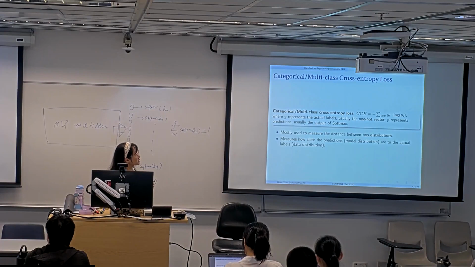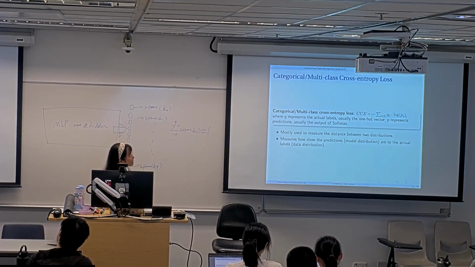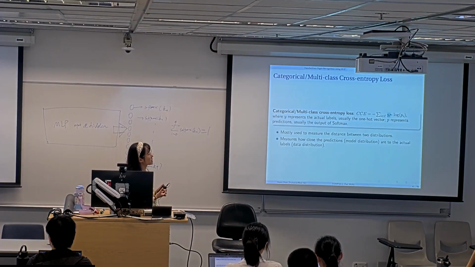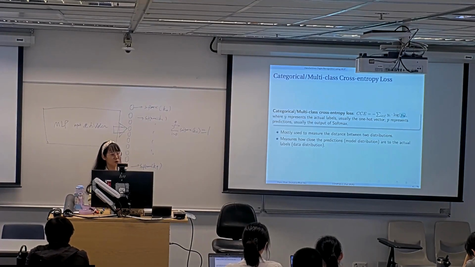The mathematical formula is that, so this CCE, this loss, is the negative of the sum of y_i times log p_i. So here this y represents the actual labels. Usually it's the one-hot vector. And p represents predictions, usually the output of the softmax.